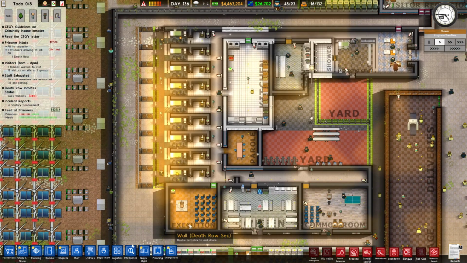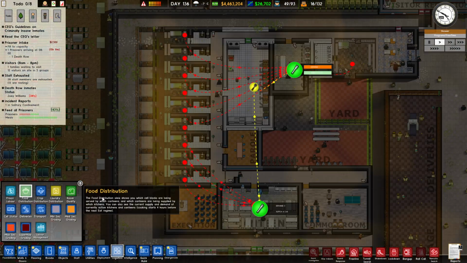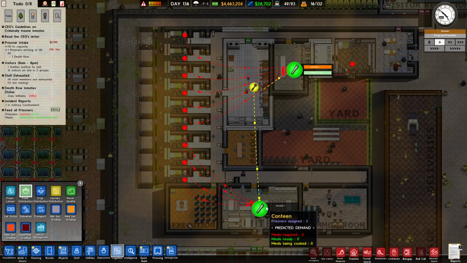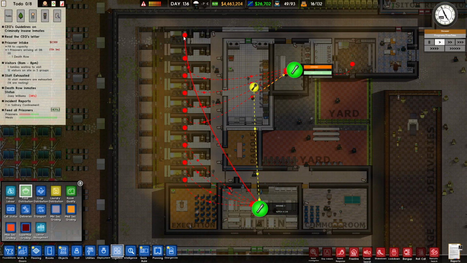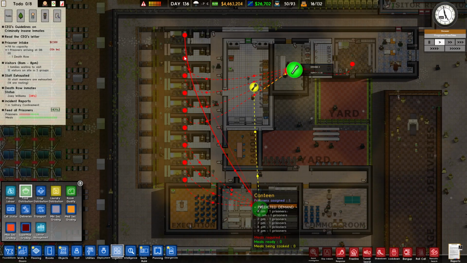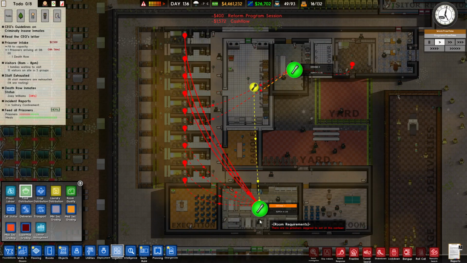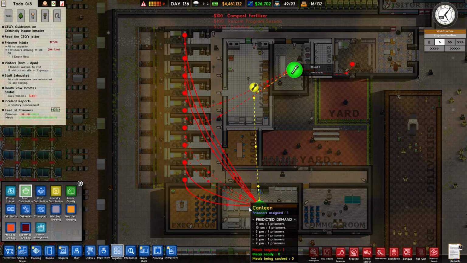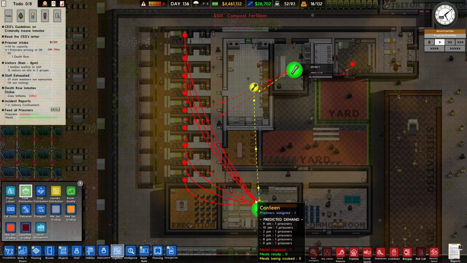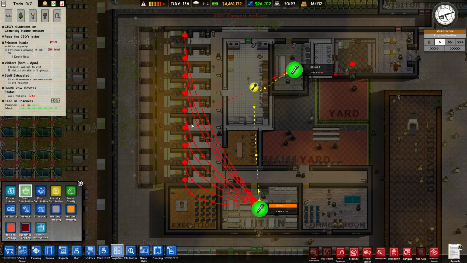Let me just check the food distribution because they're supposed to be being fed here. So they should be catering to all of these cells from here so that the guards take the meals. That's what's supposed to happen.